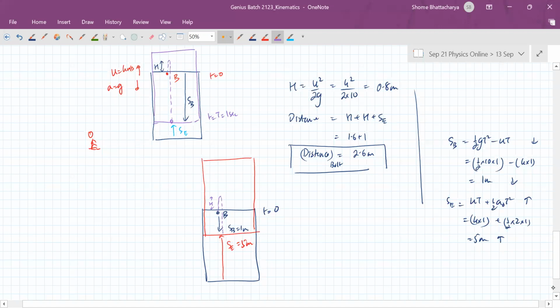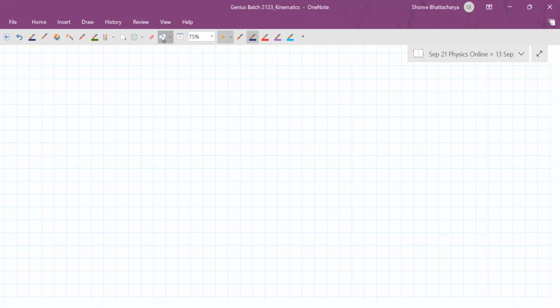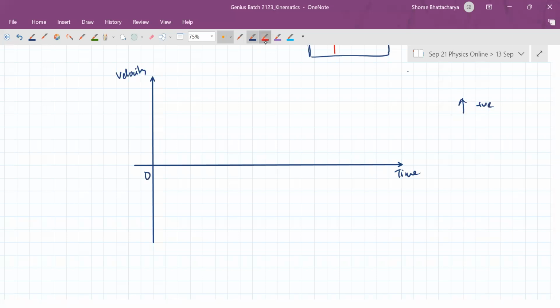So another way to understand this question nicely is that if you look at the velocity time graph of each of these, if we superimpose them for that 1 second time or whatever, let's say, a velocity versus time graph where we are using the convention that upward is the positive axis. So for the bolt, what is the velocity time graph going to look like? It's like a regular free fall thing. Initial velocity is positive and it starts falling at the rate of g.